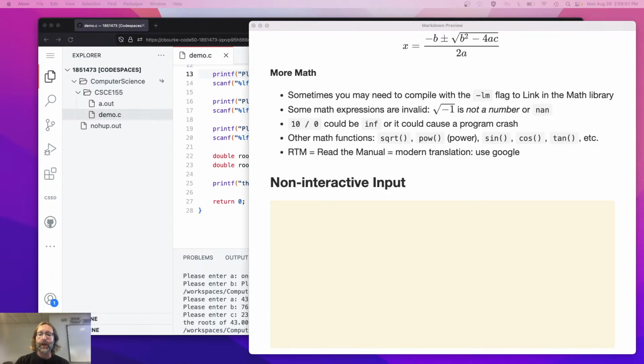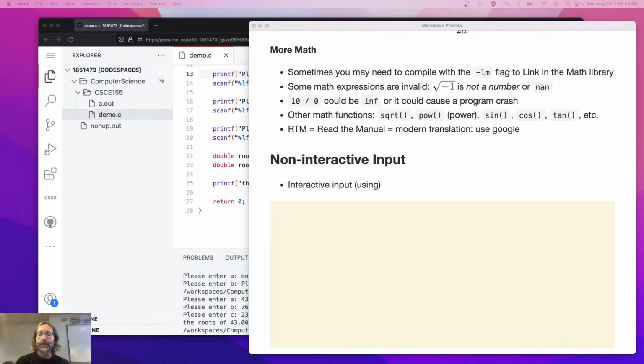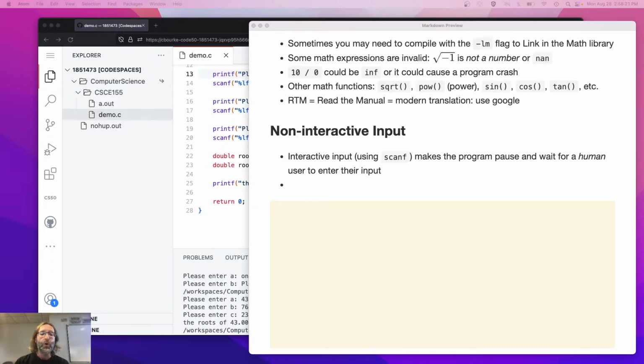Interactive input, in other words, using scanf, prompting the user, makes the program pause and wait for a human user to enter their input. Most programs are not like this. Most programs are non-interactive because we like automating stuff. That's the whole point of writing software, to automate things and not be interactive.